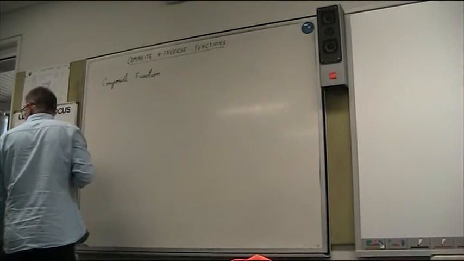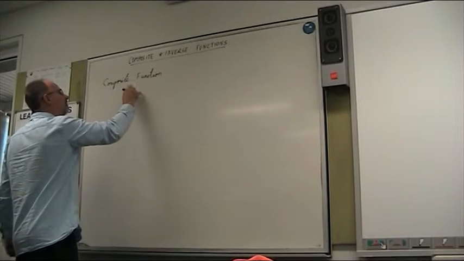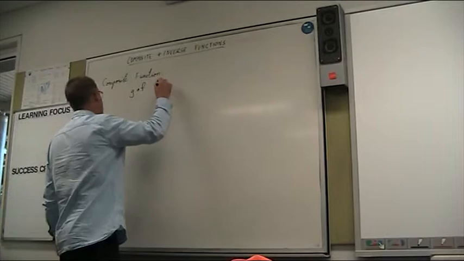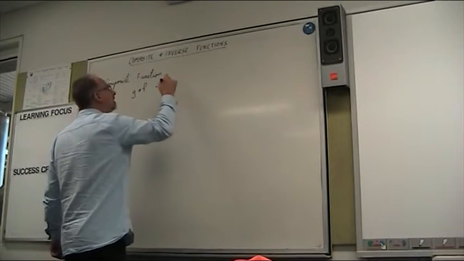That's the f∘g and g∘f and stuff. So g∘f is a composite function, composition of f followed by g.